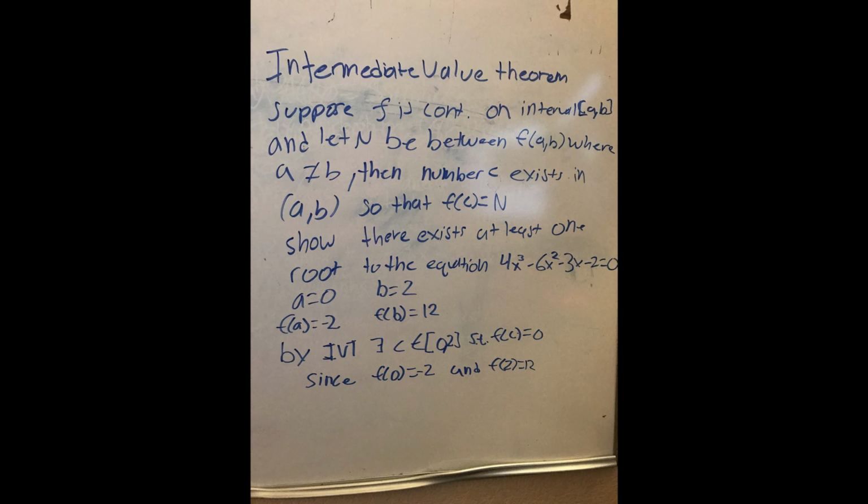For f of a we get negative 2, and for f of b we get 12. So we have determined that by the intermediate value theorem, there exists a c value in the interval 0 to 2 such that f of c equals 0, since f of 0 equals negative 2 and f of 2 equals 12.